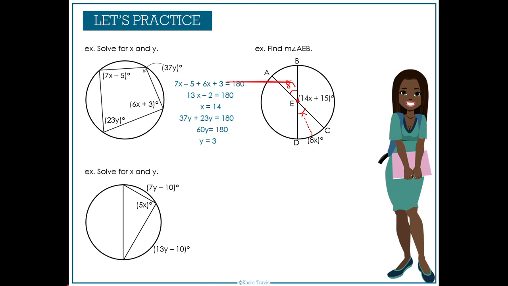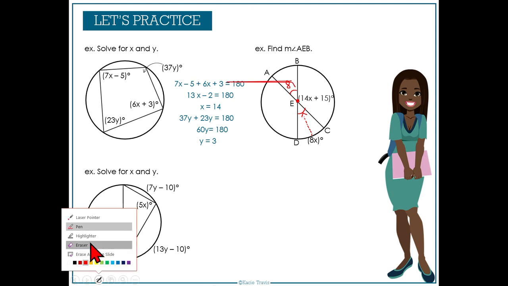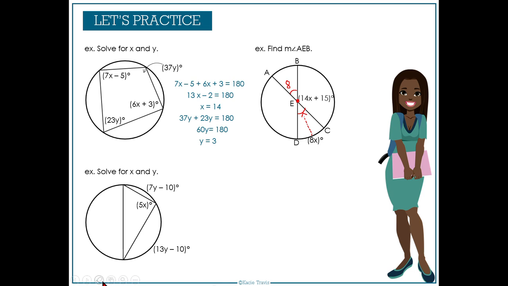Oh, no, that's crazy. The pen had a mind of its own, folks. 8x, bam. So, what do we do now, though? I see something's familiar. We got us a set of angles that are going to make a straight angle.